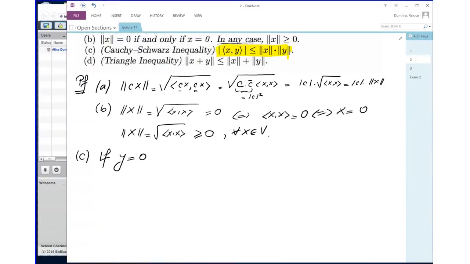On the right you get the norm of the vector 0, which is 0. So you get 0 less than or equal to 0. So true. So we can assume that y is not 0. Not the 0 vector.